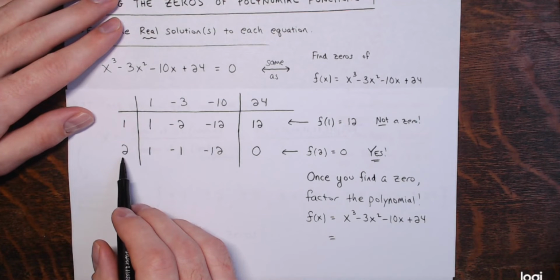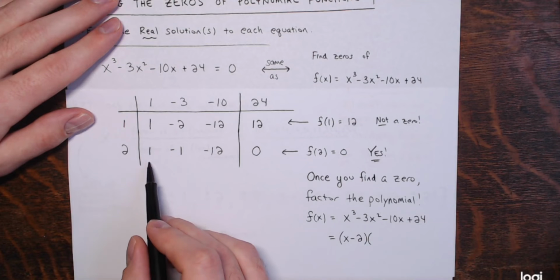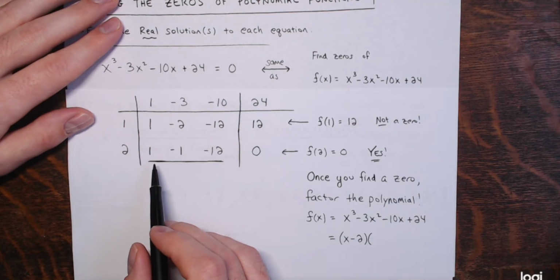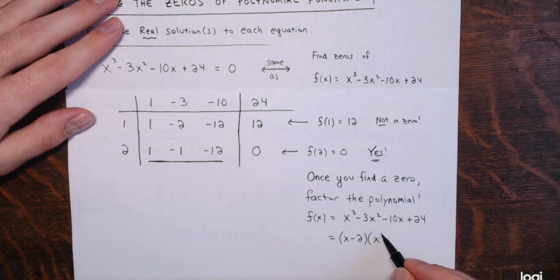If 2 is a 0, then x minus 2 is a factor. So I can write this as x minus 2 times, and then these numbers in between the bars here are the coefficients of the quotient, which would be a degree 2 in this case, in descending order. So it's 1x squared minus 1x minus 12.